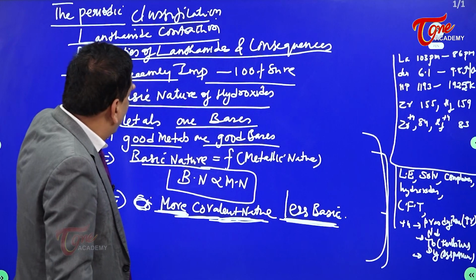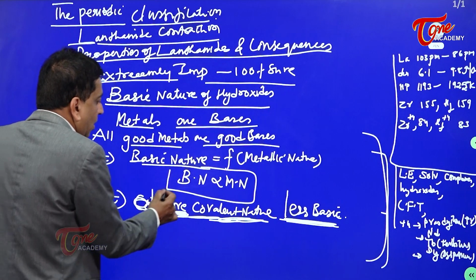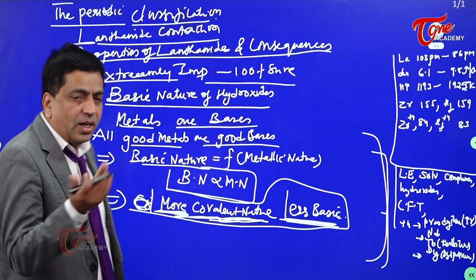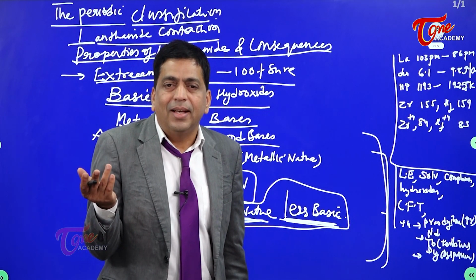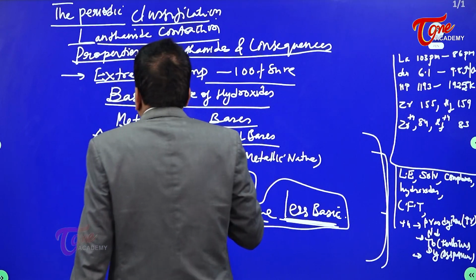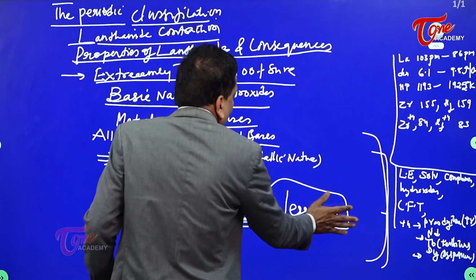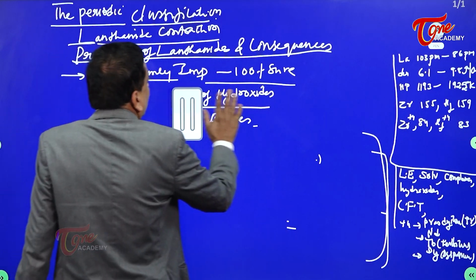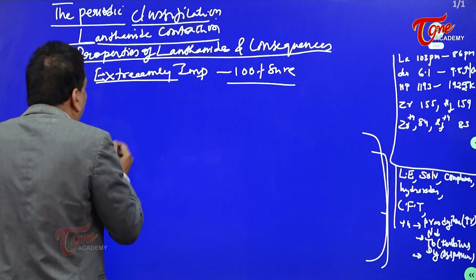So forget about all this and just remember this. More covalent, you are basically less basic and more acidic. And now what I wanted you to recollect, please recollect. If this is the case, then I would like to write one statement and just go for the trend.